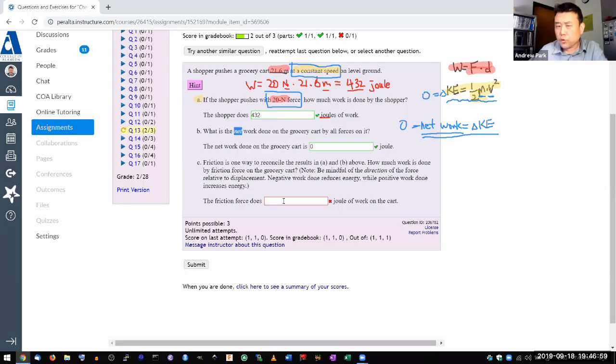So without knowing the amount of friction force, you know that the work that the friction force does exactly cancels out this work. So it must be minus 432. And that's the correct answer. So in this question, there is some amount of math involved using the definition of work. But once you have done that, then the rest of the question is conceptual.